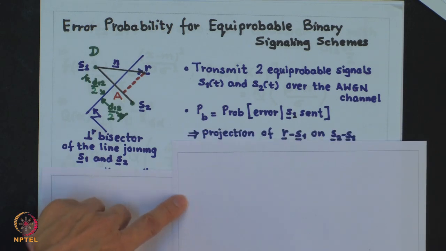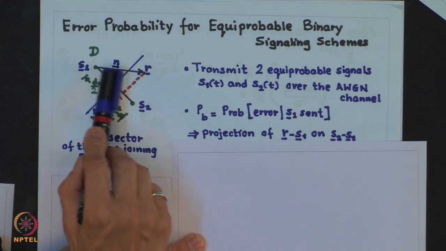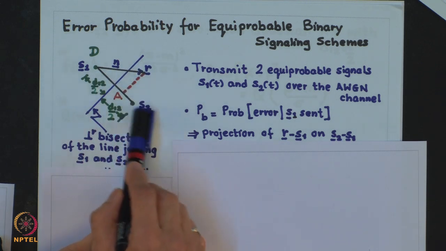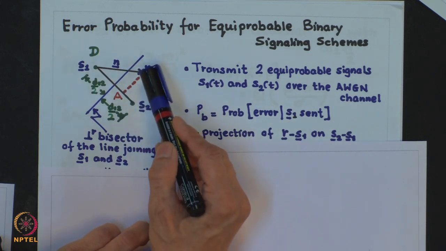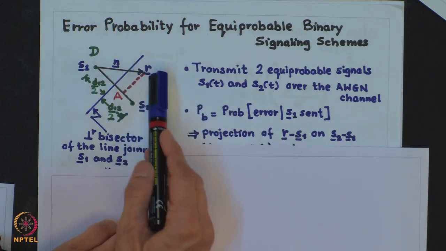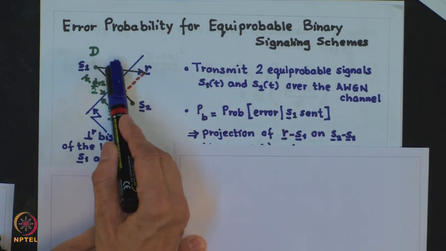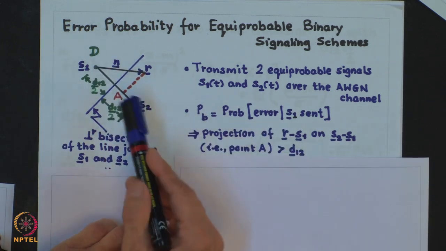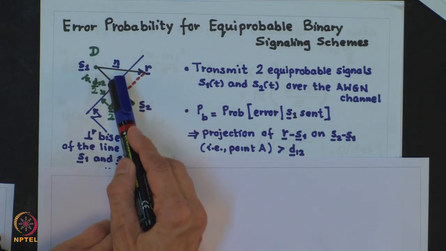Since we are assuming that S1 is sent, an error occurs if the received vector R is in the region R2, which implies that the projection of R minus S1 on S2 minus S1 should be larger than the midpoint, which is D12 by 2, correct.